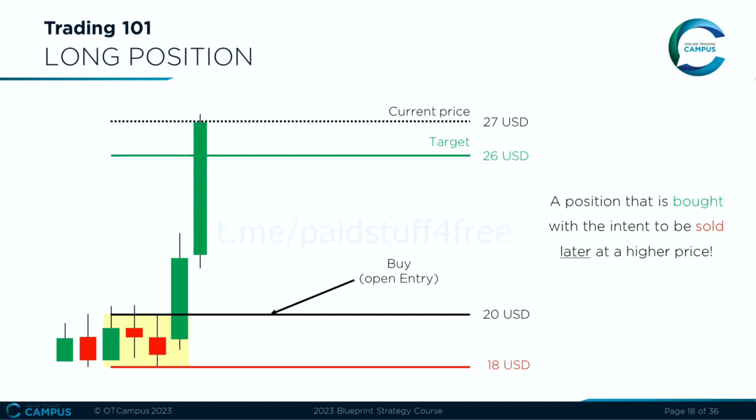So again, what is a long position? If you're saying "I am going long" or "I'm looking to go long," it means that I'm predicting the markets will go up and I'm bullish, right? That's why a long position is defined as a position that is bought with the intent to be sold later at a higher price.